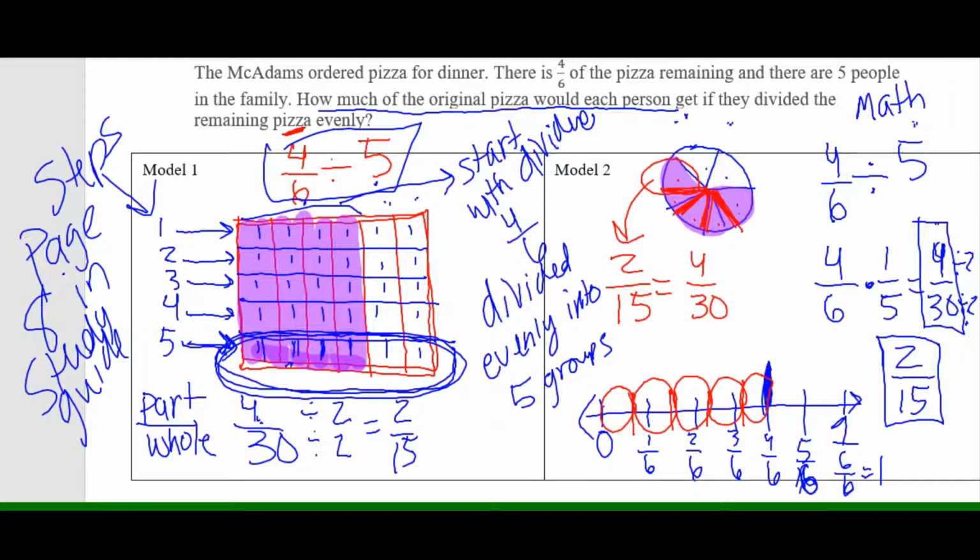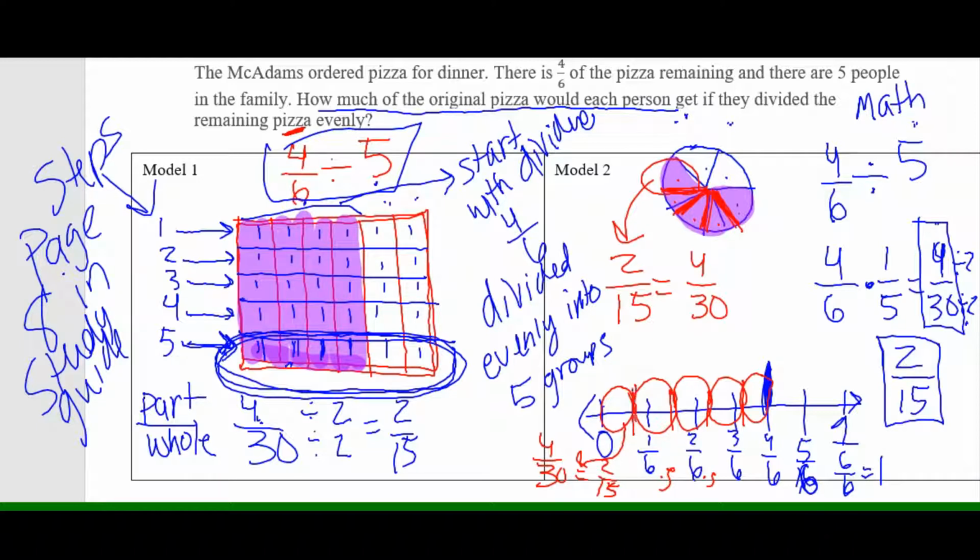And one group is going to be equivalent to 4/30, which is also equivalent to 2/15. So we would actually need to multiply the denominator by 5 to see exactly where we would have had to position 2/15 or 4/30 on our number line.